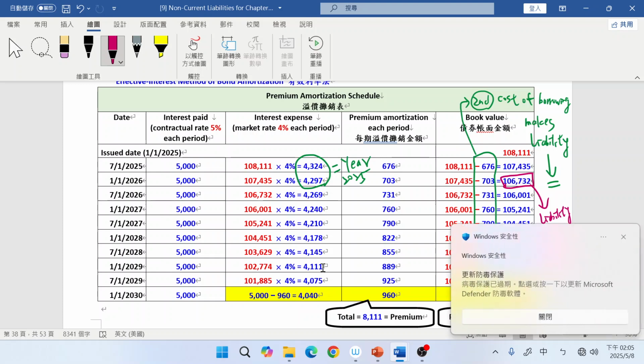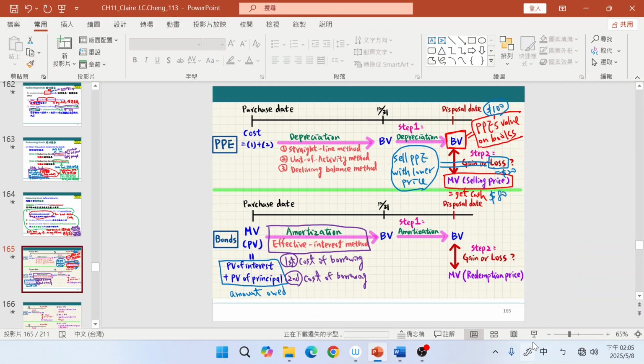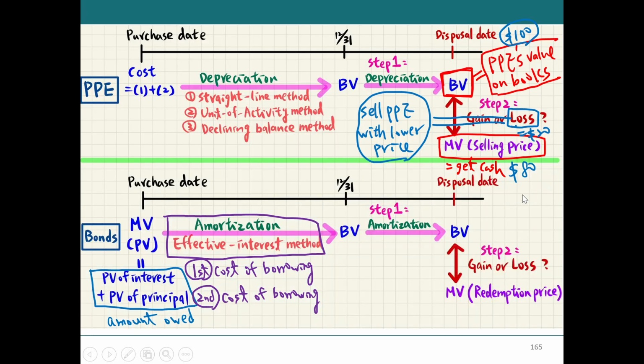Why? Because today we want to find out, you have to compute your liabilities book value by yourself. So you should know how to compute to get your liabilities book value, okay, based on second cost of borrowing, okay? So right here, after we find out second cost of borrowing, don't forget, second cost of borrowing will affect your liabilities book value, right?